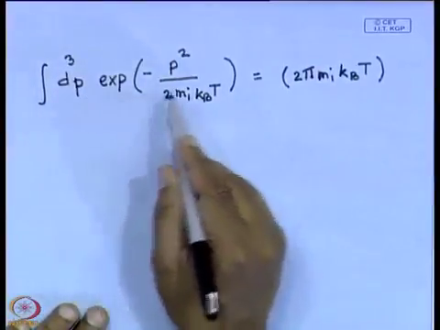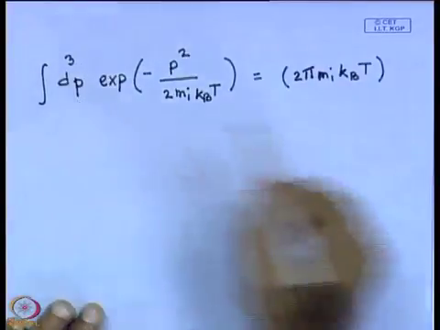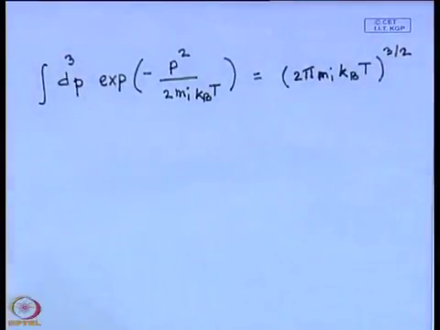So, here I have a product of 3 integrals, one for the x component, one for the y component, one for the z component. So, we have to the power 3 by 2.